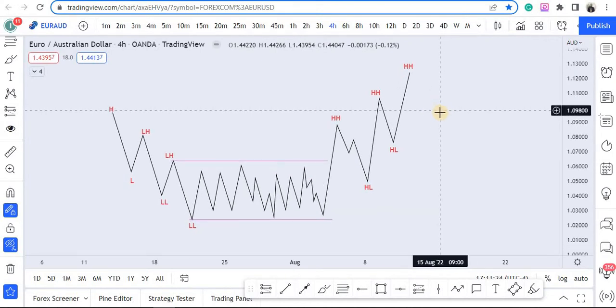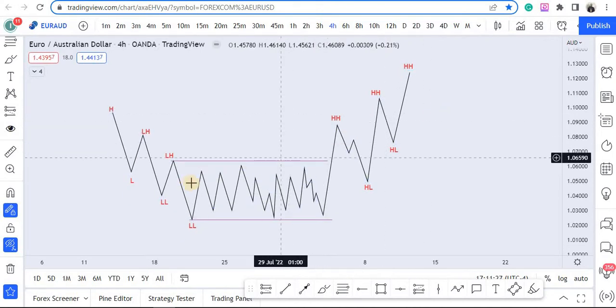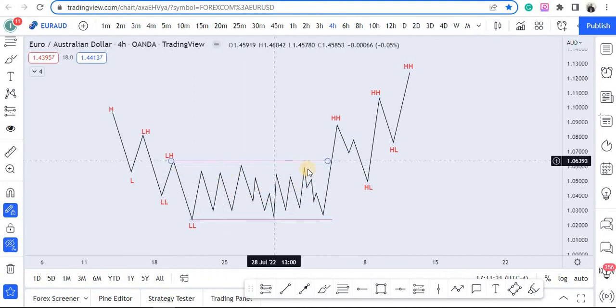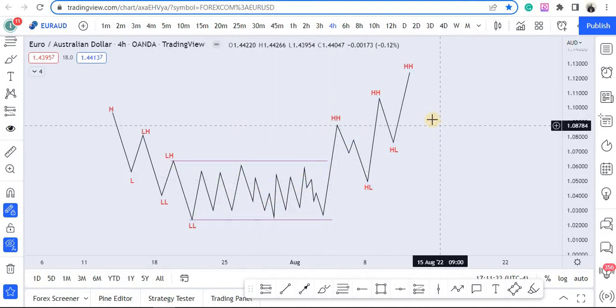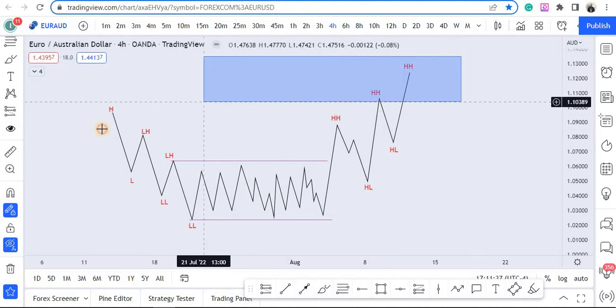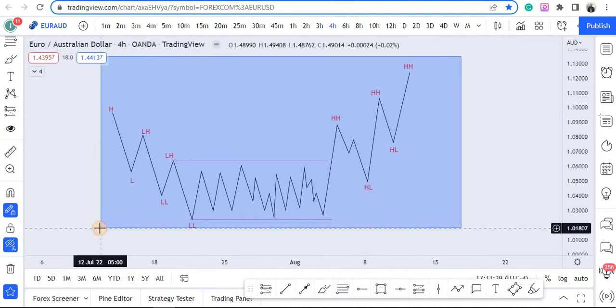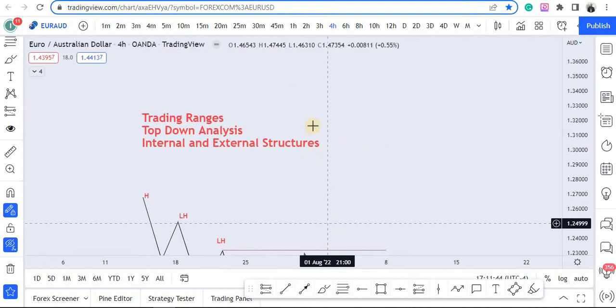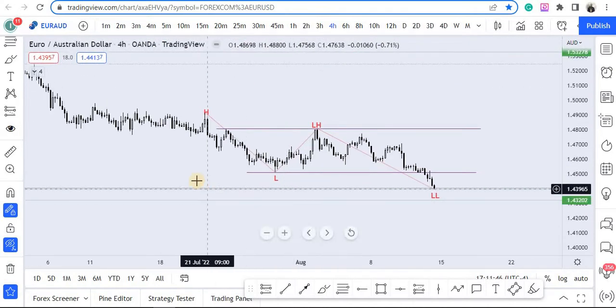So this is how you mark it. You can see that everything here, I didn't bother marking any structure because we are in a range. I'm not going to mark it. Don't worry. Let's go back to the main structure that we are looking at.